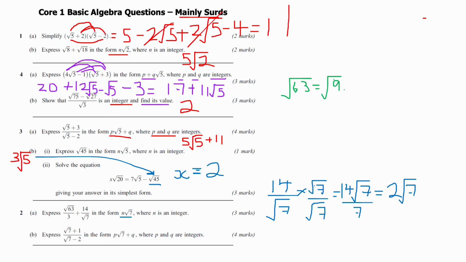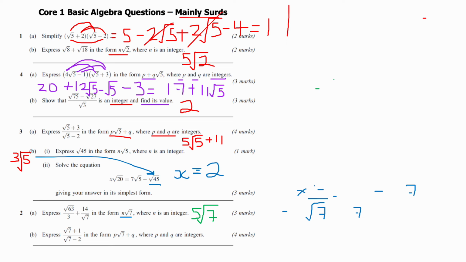The square root of 9, we should know that simplifies to 3, or the number 3. So we're going to have 3 lots of root 7. Okay, adding our answers together, because I've got a common surd now, 3 root 7 plus 2 root 7 goes to 5 root 7. Okay, so hopefully that makes sense.